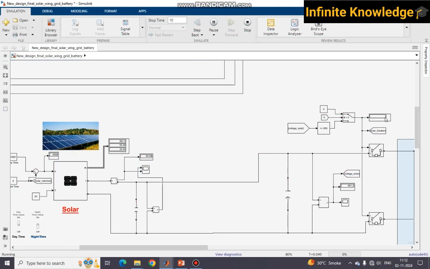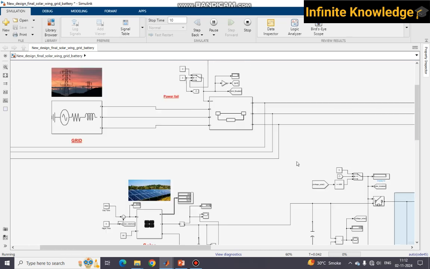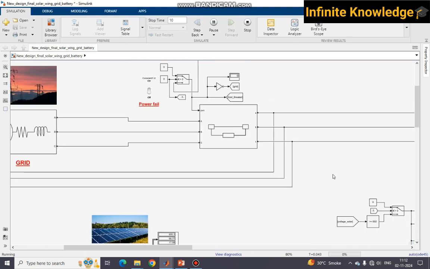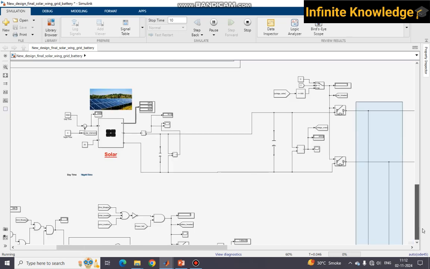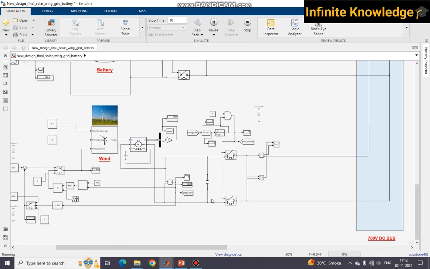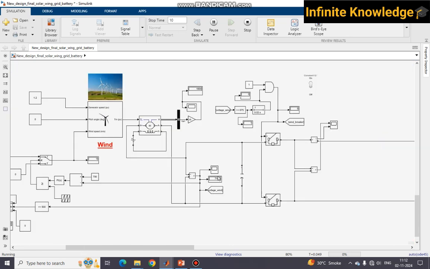This breaker is in the closed condition and this breaker is in open condition. Right now the total power is fed by the solar, and parallelly wind has also already started generating voltage. Once its voltage comes to the satisfactory level, this breaker is on. So here we also need to wait as per logic.